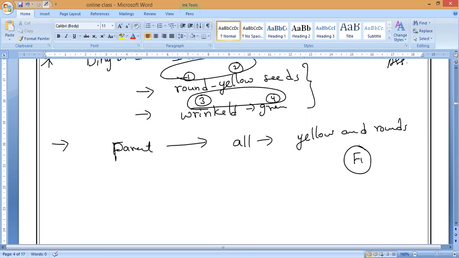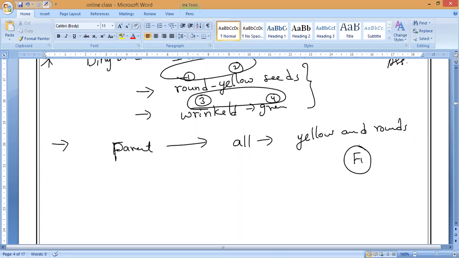In the F2 generation, he found again that 4 different kinds of seeds are present: round yellow seeds, wrinkled yellow seeds, round green seeds and wrinkled green seeds. That is the F2 generation.